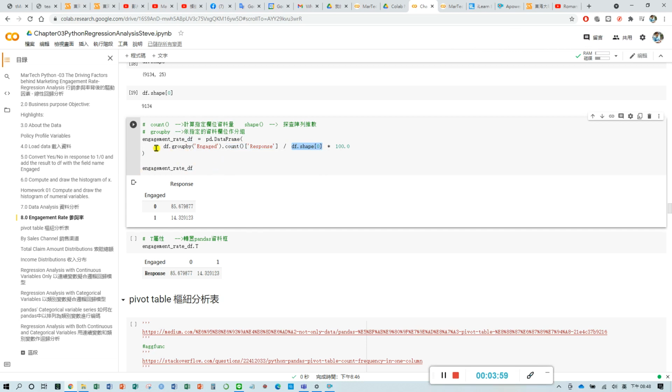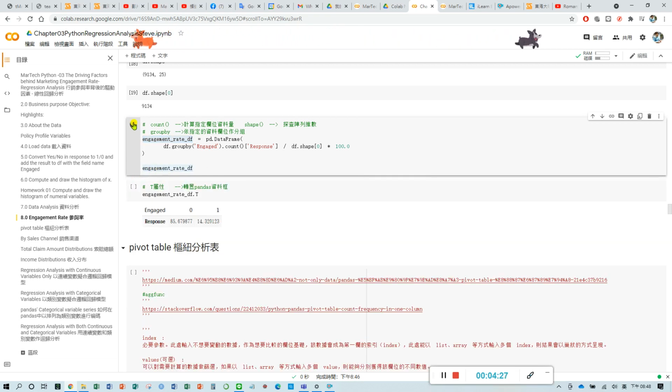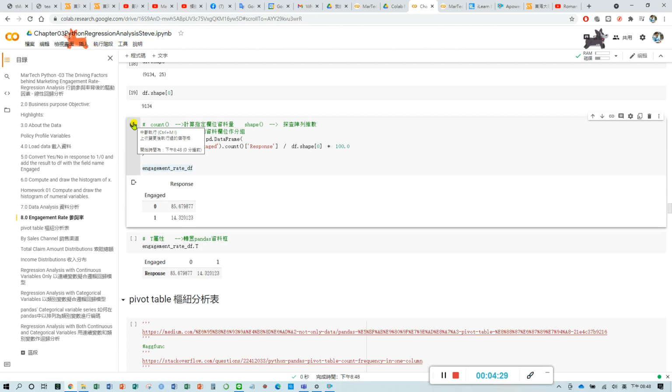So with this command, you can calculate the engagement rate for this data set, and we save the engagement rate with this variable. We call it engagement rate df.